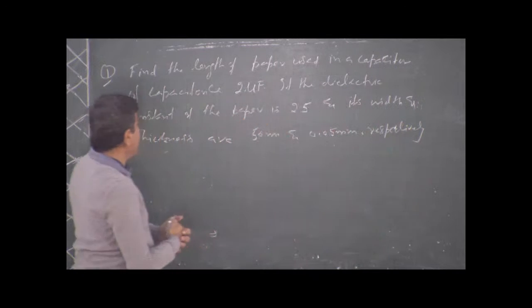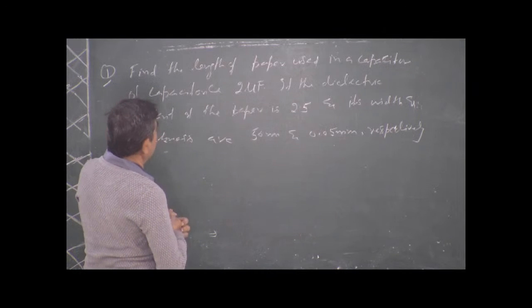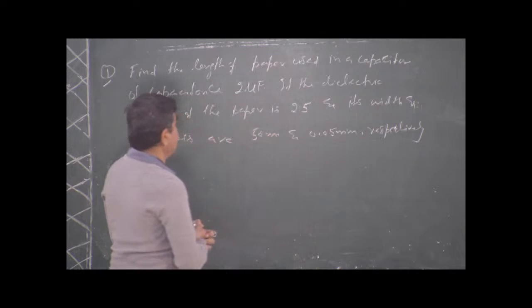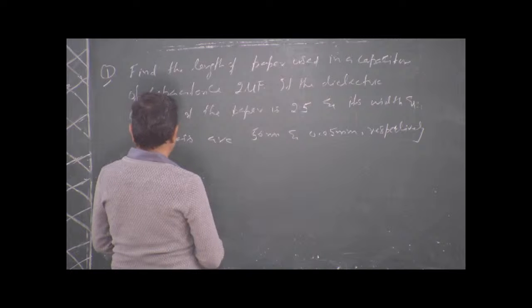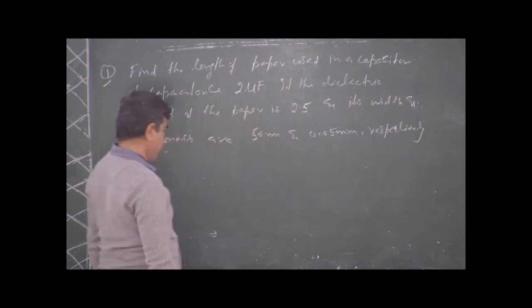So our question is, find the length of paper used in a capacitor of capacitance 2 microfarad if the dielectric constant of the paper is 2.5 and its width and thickness are 50 millimeter and 0.05 millimeter respectively.